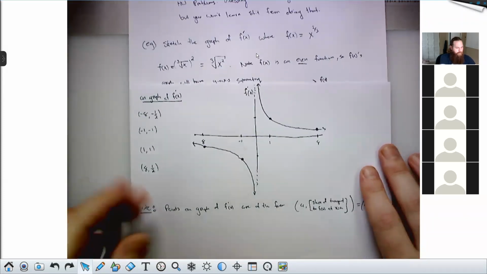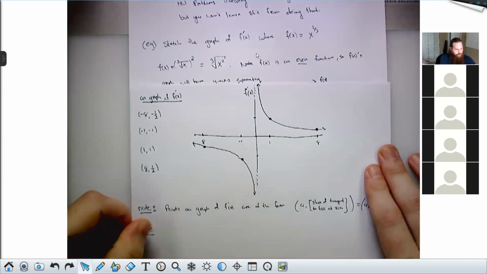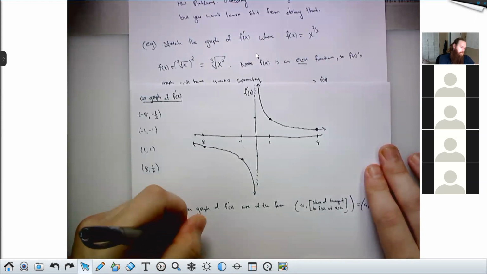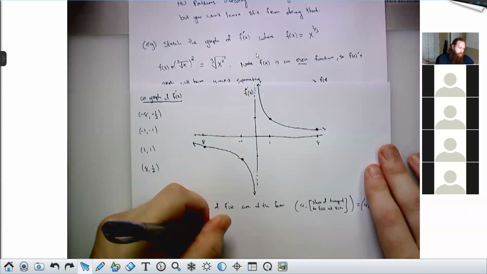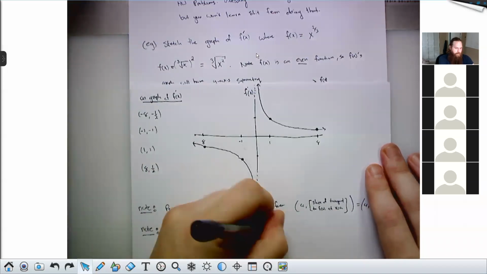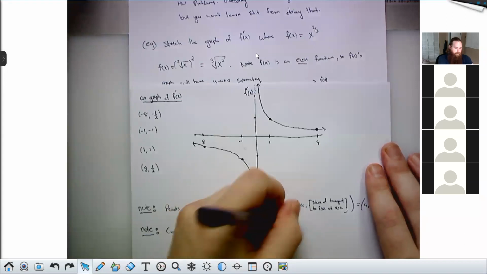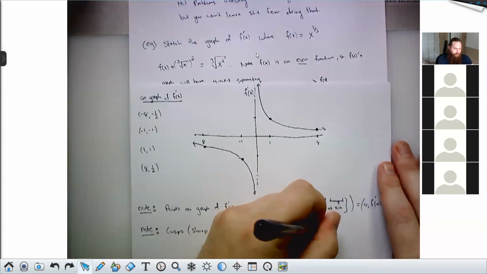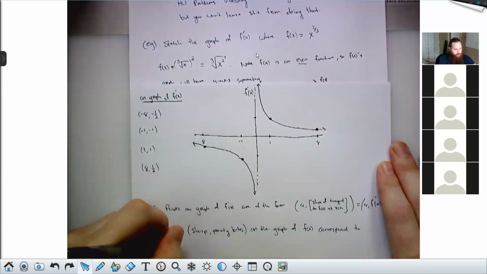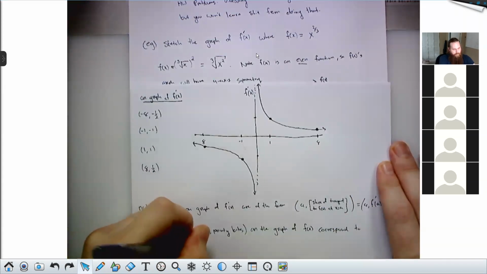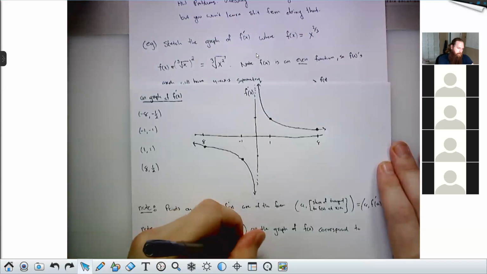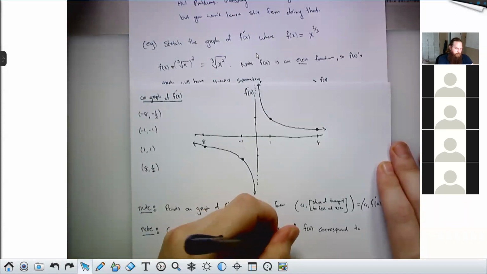So that's my next note here. Cusps, which are sharp, pointy bits on the graph of f, correspond to vertical asymptotes on the graph of f prime.